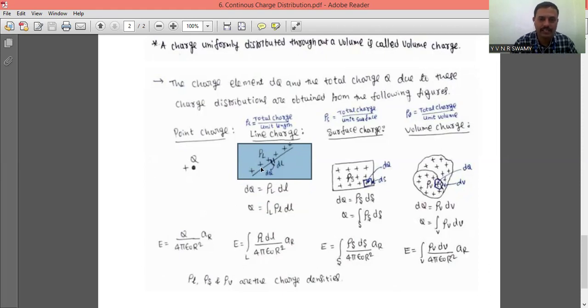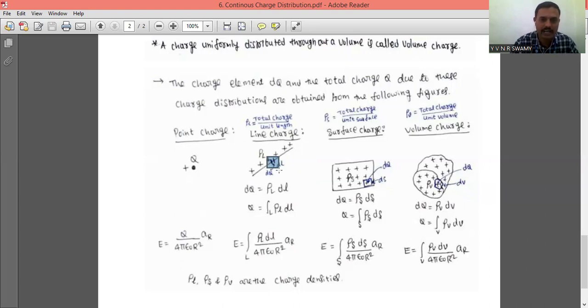That is called a line charge, and its line charge density is represented with rho L. For this line, I am taking a small differential length dl.